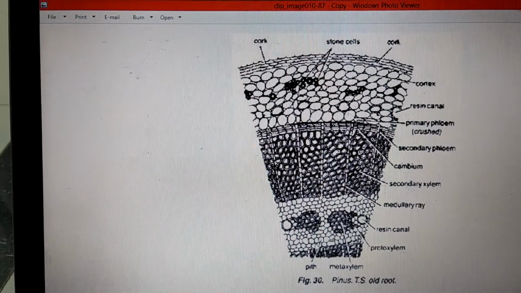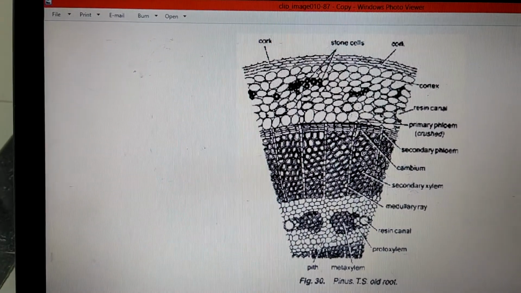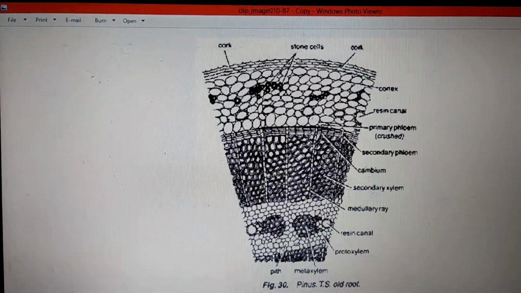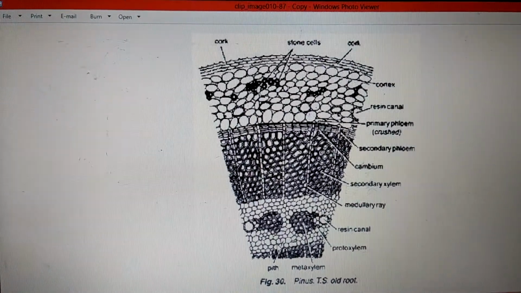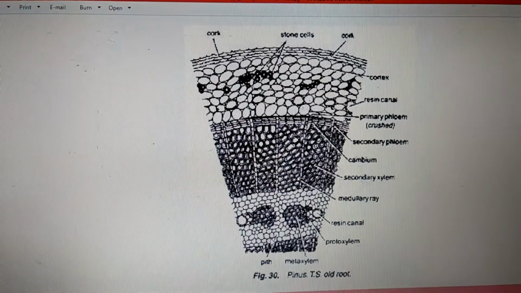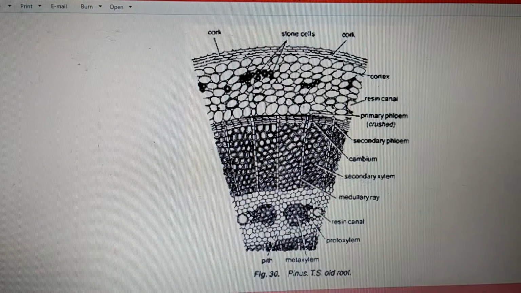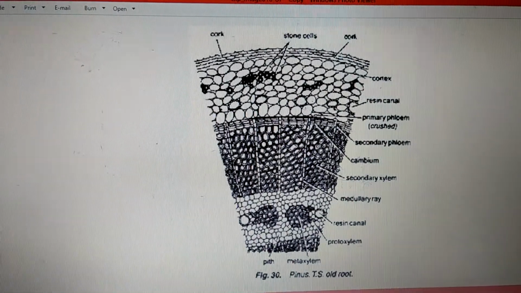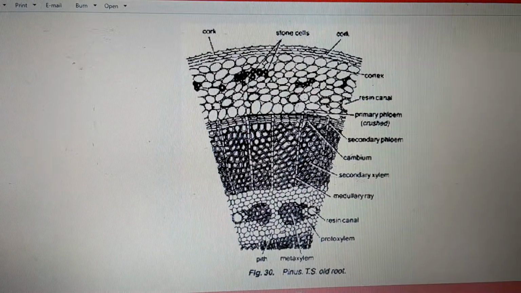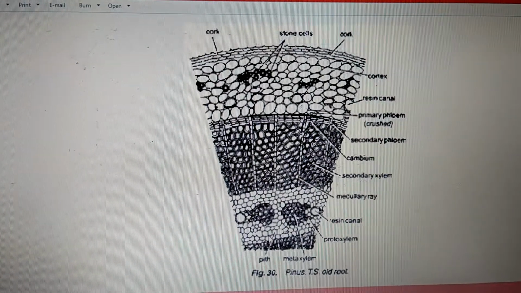We have seen what resin canals are. Now speaking about the stone cells, these are non-living cells. These cells lose their protoplast at maturity. The primary function of these is to provide mechanical strength or support to the soft tissue.